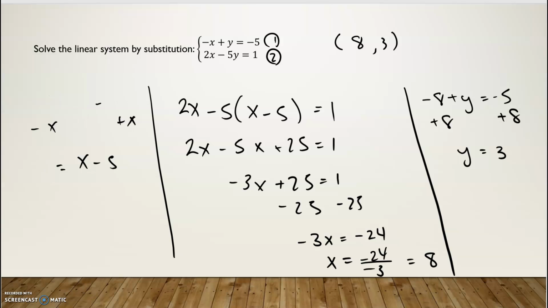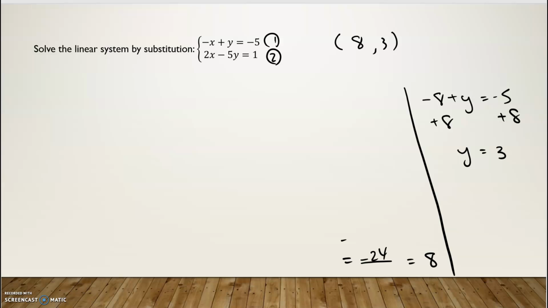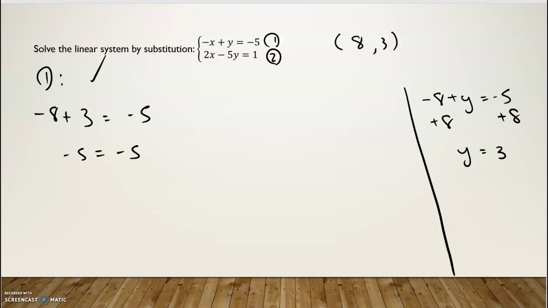Now we can go back and check, which means plug it into both equations and make sure that we get a true statement from both equations 1 and 2. Okay, so for equation 1, negative 8 plus 3 is equal to negative 5. Well, yes, that checks out.